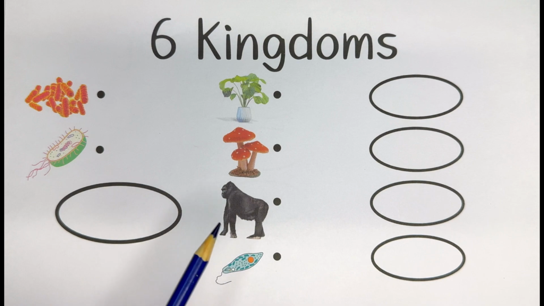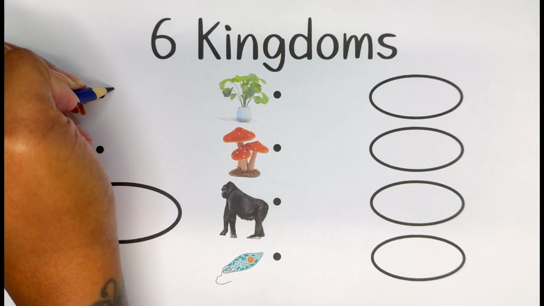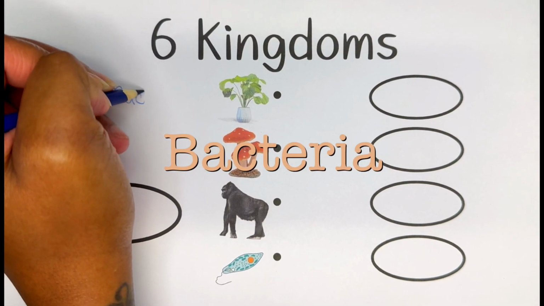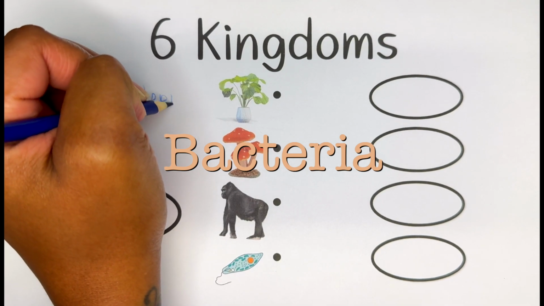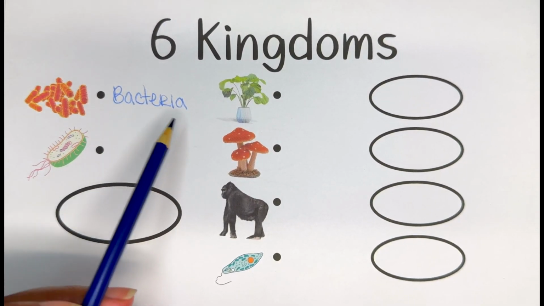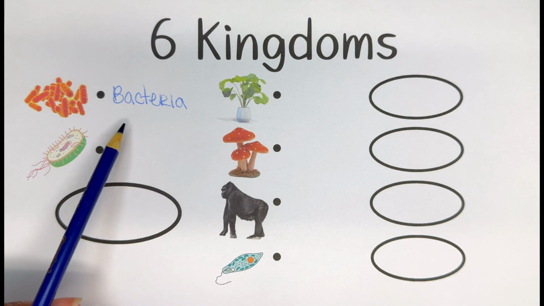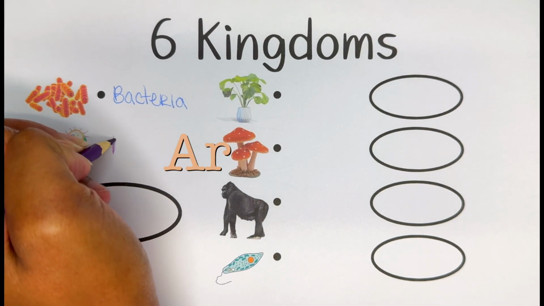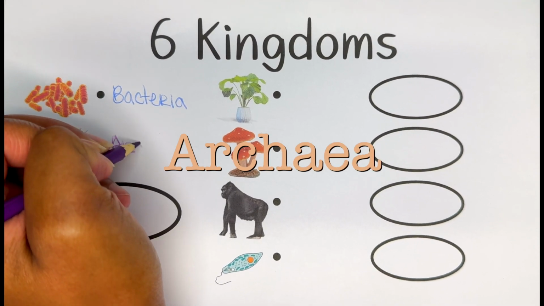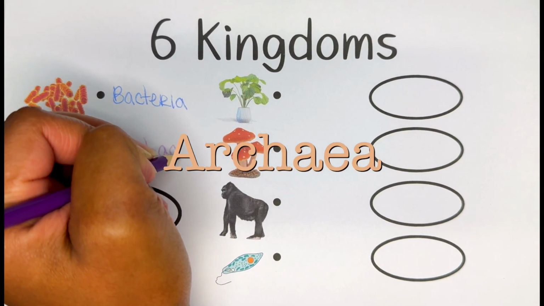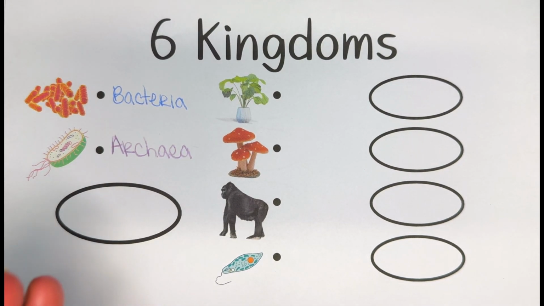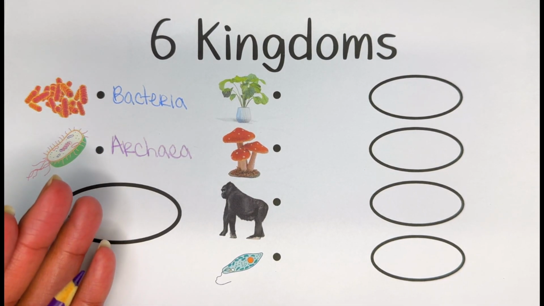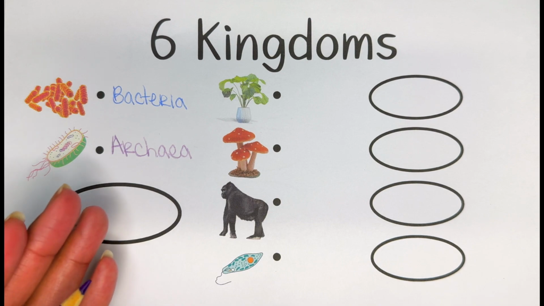Now that we went over the 3 domains, let's talk about the 6 kingdoms. So the first kingdom we'll talk about is bacteria. So just like how we saw bacteria as a domain, it is also a kingdom. Then archaea. So just like with bacteria, archaea is a domain and a kingdom.